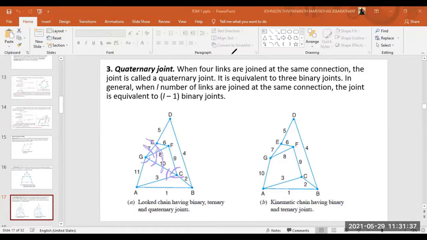I'll put it in another color, right? So this GA, GC, GF I can consider as one ternary joint. Okay, GE, GF, GC I can consider as another ternary joint.